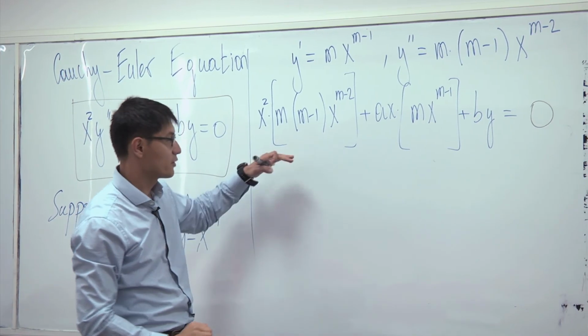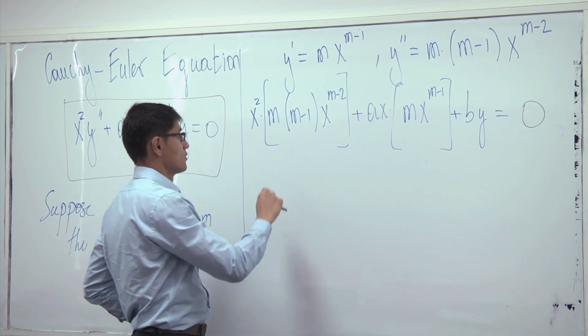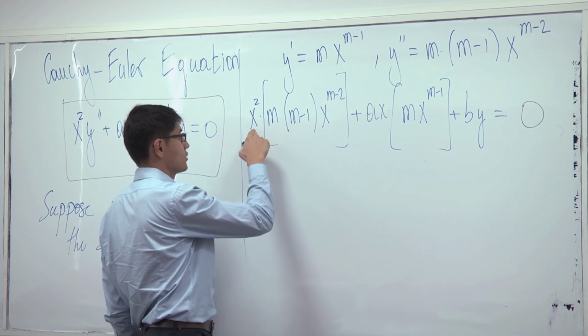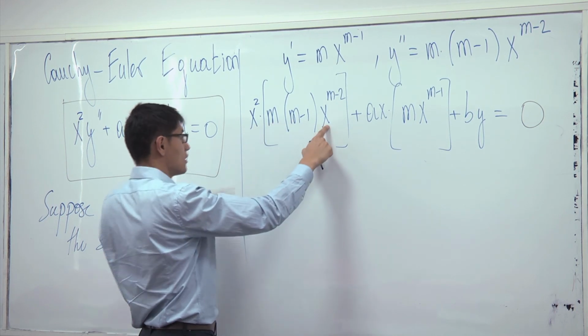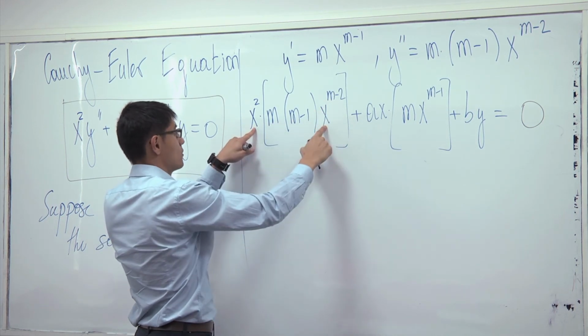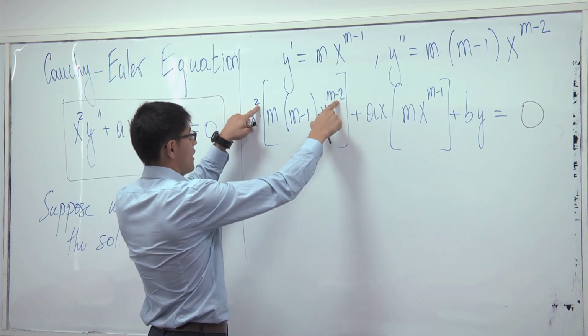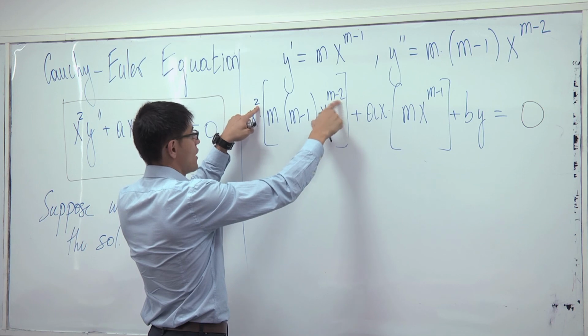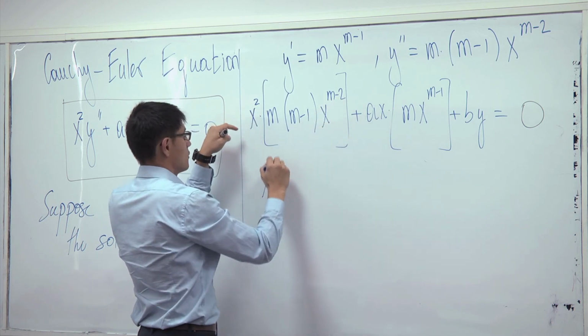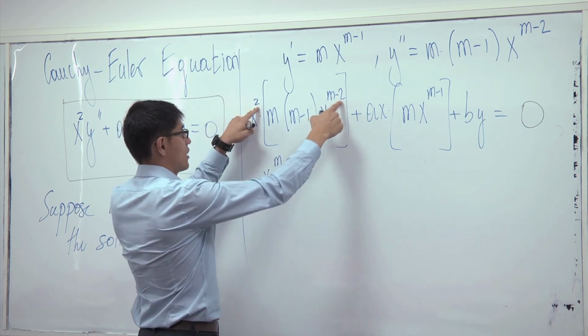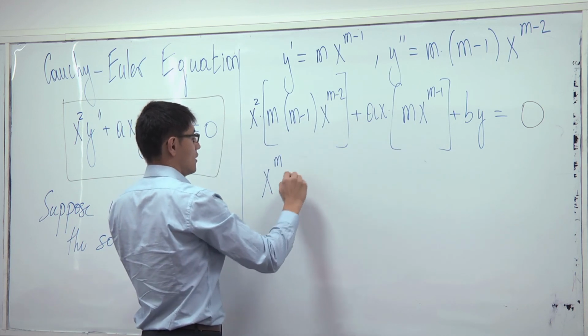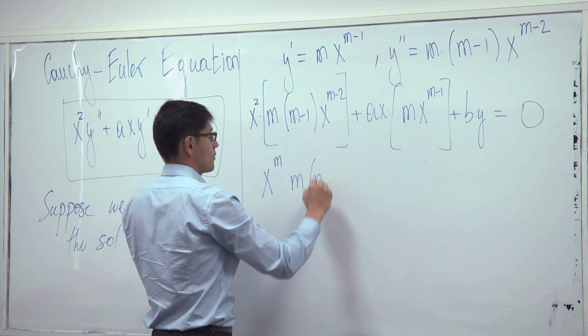Okay, let's simplify the left-hand side. On the left-hand side, we get x squared times x to the m minus 2, which would be just x to the m, because I just add the exponents. If I add 2 with m minus 2, I just get m, because 2 and minus 2 cancel. And then I have m minus 1.